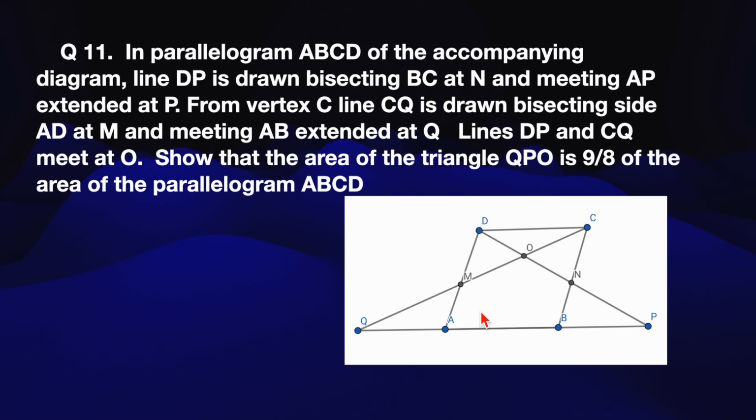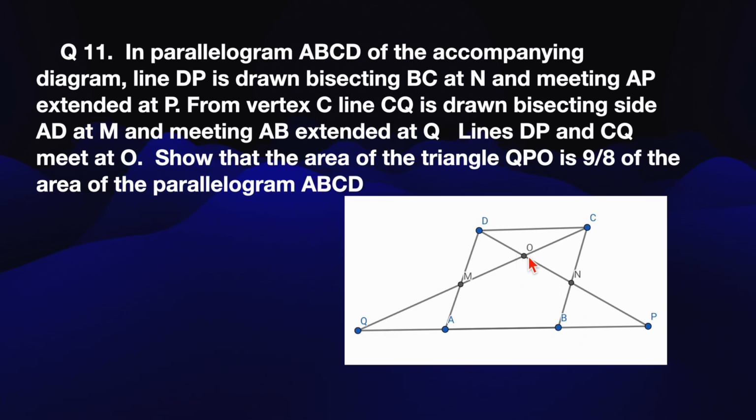So this is the diagram here. This is the points M and N. It is a midpoint here, and this also is a midpoint here. So here we can see that we have this triangle OQP.